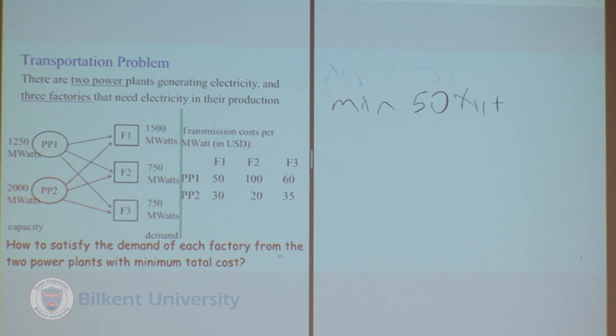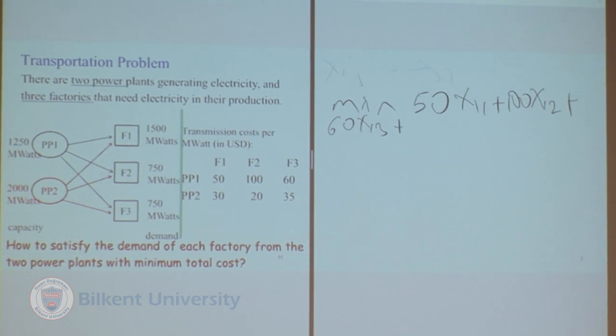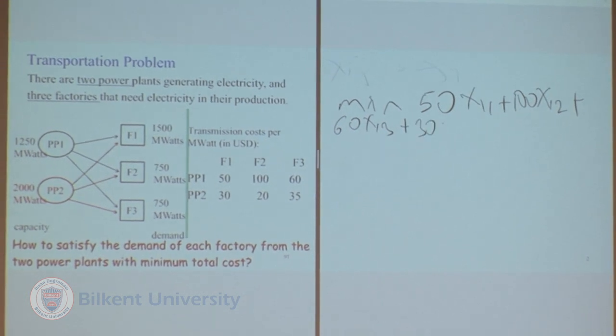Minimize 50 x11 plus, what is the next? 100 x12 plus 60 x13, good. Plus 30 x21, 20 x22, 35 x23.